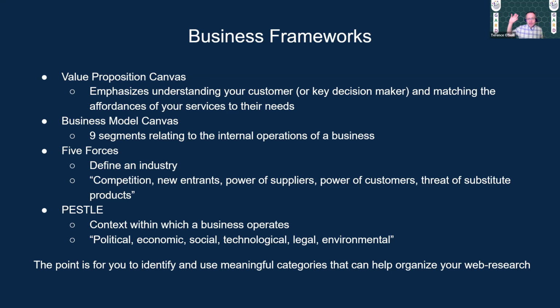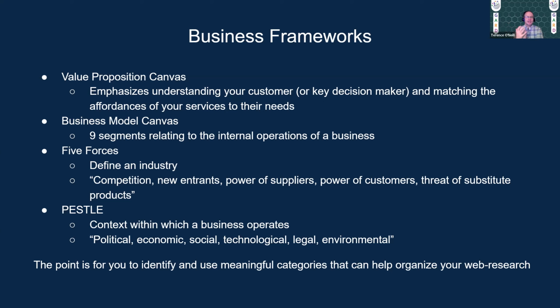So far, value proposition canvas and business model canvas, these are internal to the organization. With 5 forces, we start to look external to the organization and consider our competitors.